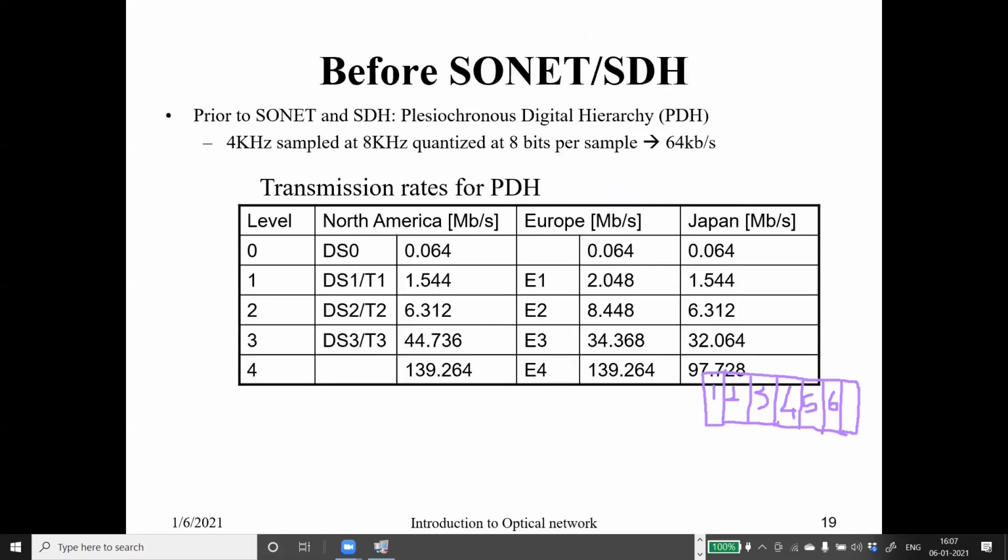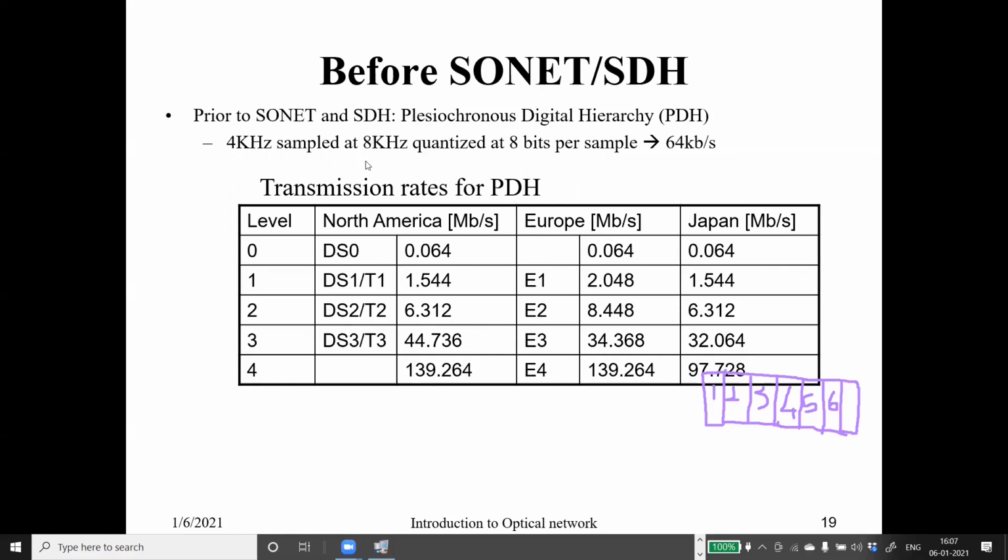Then we saw that the existing previous generation signals before Sonnet were handling these data rates because mainly they were handling the voice signal. That is, the signal was being sent at say 8 kilohertz, which is 1 by 8000, which is 125 microsecond frame size.